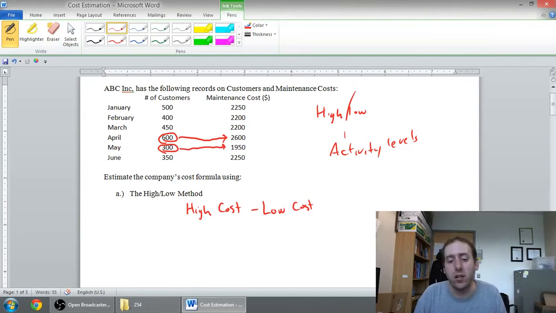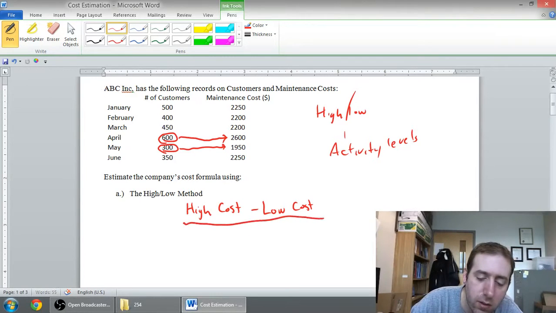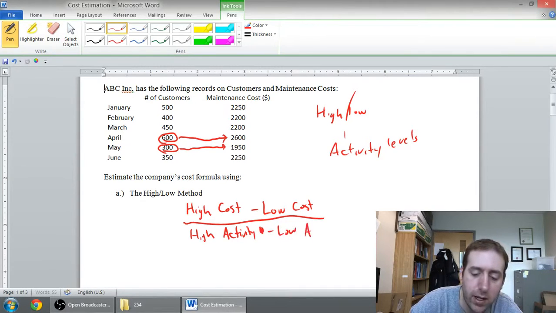And just to be clear, let's say another month had a cost of 2,700. Let's say January had 2,700. I would still use April's cost. It's the cost related to the high activity. So I'm going to take the high cost minus the low cost divided by the high activity level, I'll just say activity, minus the low activity.